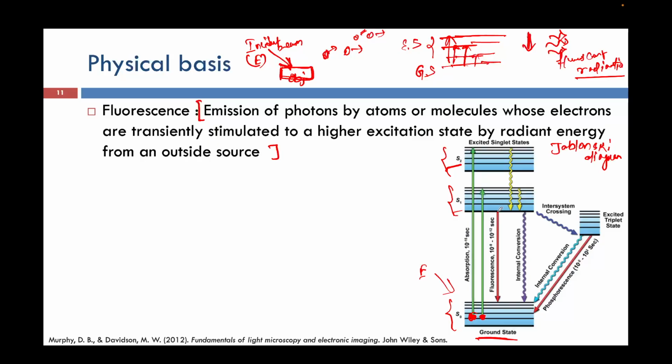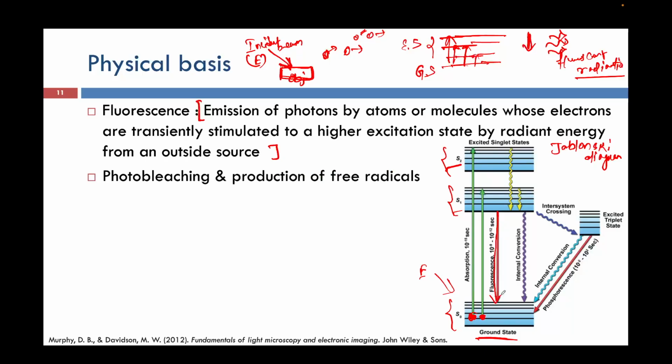They instantly come back, and while they come back, they radiate some amount of energy. If we are able to catch that radiation and put a detector which is going to detect it, then that technique is called fluorescence microscopy.